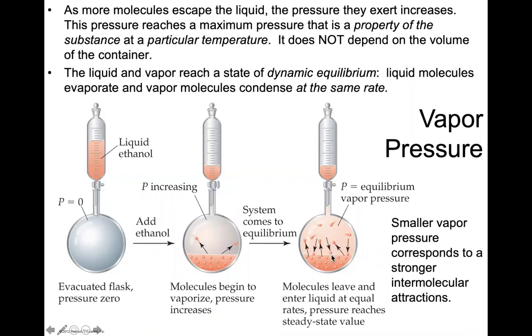This idea of them going back and forth, they're not stopping. Both of them are taking place in equal amounts back and forth. That's saying it comes to equilibrium. A dynamic equilibrium where this back and forth is still taking place. It doesn't stop. It appears to stop because the two actions are balanced.